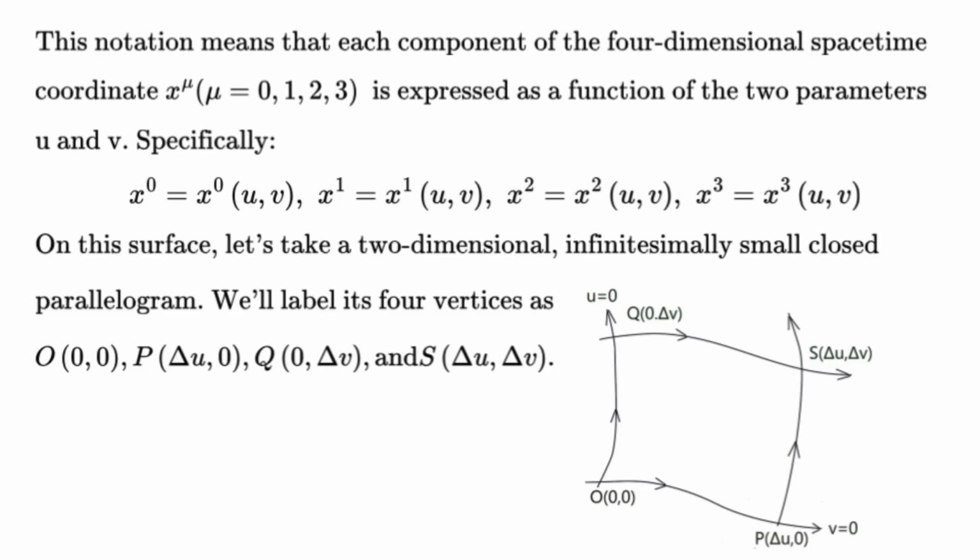On this surface, let's take a two-dimensional, infinitesimally small closed parallelogram. We'll label its four vertices as O (0, 0), P (δu, 0), Q (0, δv), and S (δu, δv).